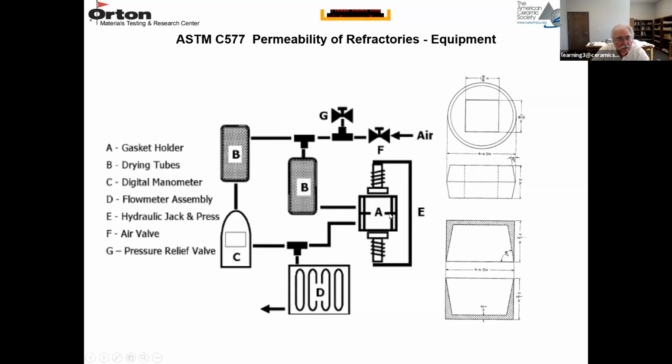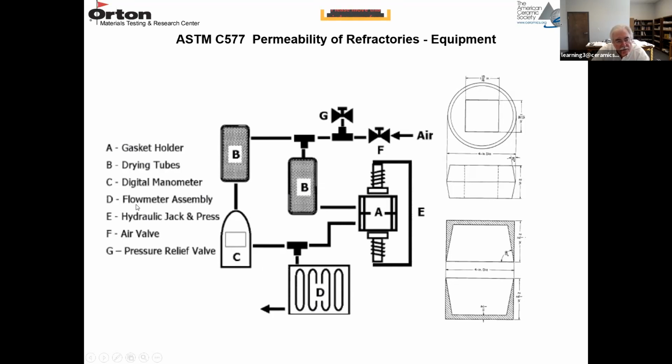So A is the gasket holder. B are drying tubes, in case you're not sure you purchased dry air or dry nitrogen. C is the manometer to measure the pressure difference across the sample. C is a digital manometer, and this is another way of doing it with a flow meter assembly.